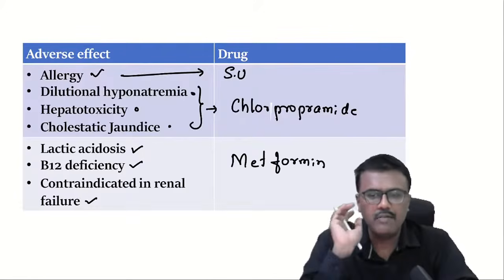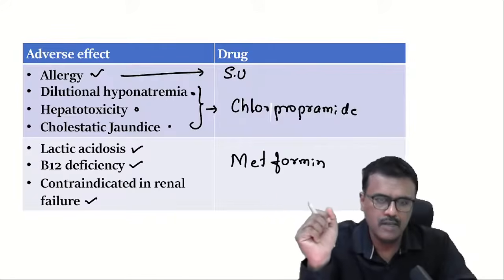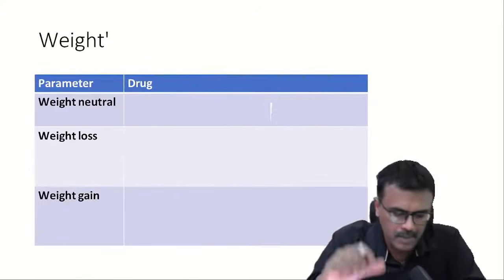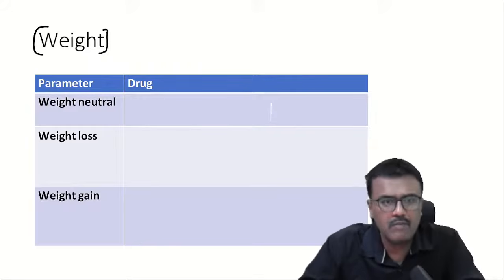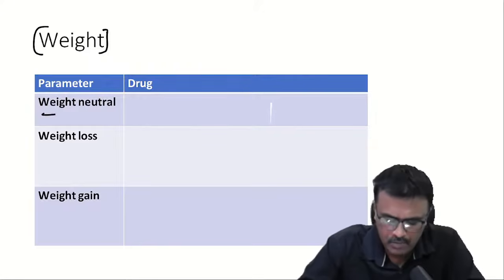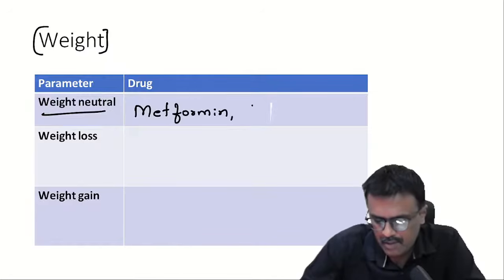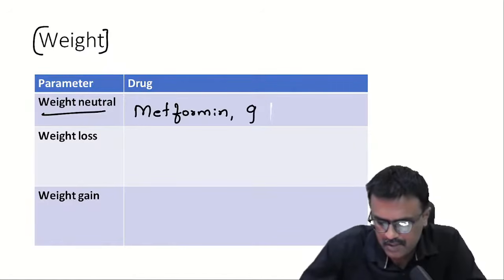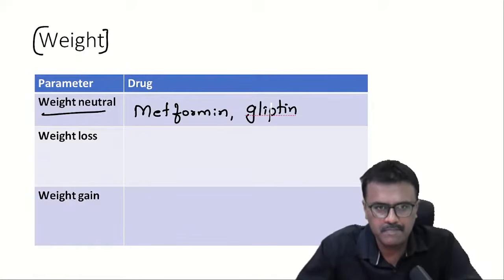So what did we learn from this? We learned the adverse effects and what drug is responsible here. Now coming to the diabetic drugs and the impact on weight. Weight neutral, we have metformin and gliptins, that is DPP4 inhibitors.